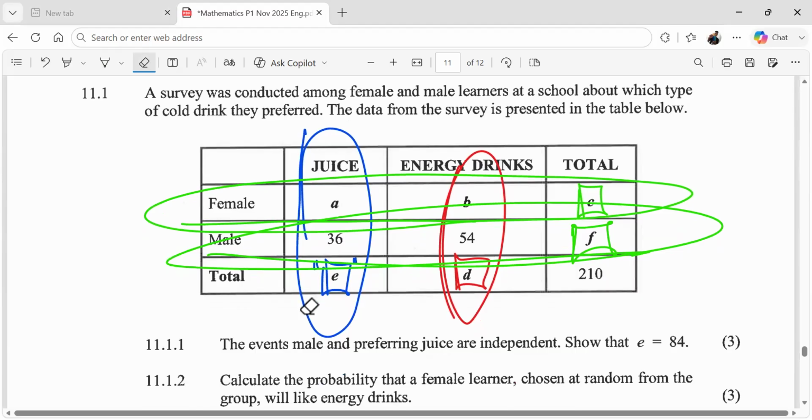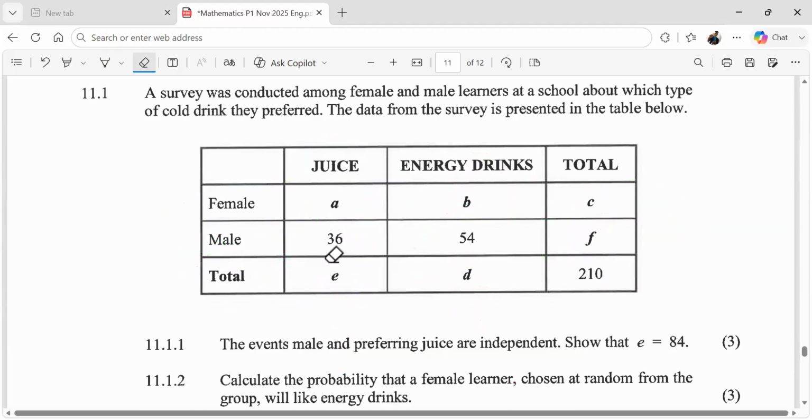Now, while we are still at it, I want you to realize there's a hidden intersection in between. What is this A? It's the probability that a learner is a female and prefers juice. B is the probability that a learner is female and prefers energy drinks.